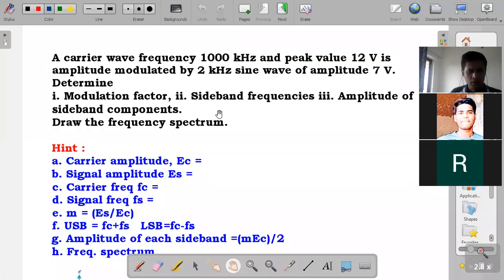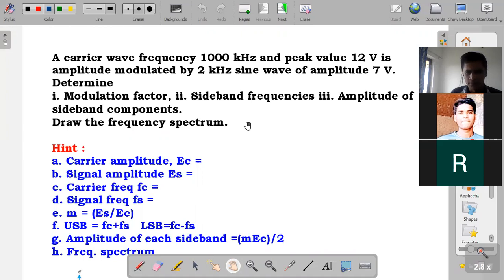The problem: find the modulation factor, sideband frequencies, sideband components, and then draw the frequency spectra. A carrier wave of frequency 1000 kilohertz and peak value 12 volts is modulated by a 2 kilohertz sine signal with amplitude 7 volts.